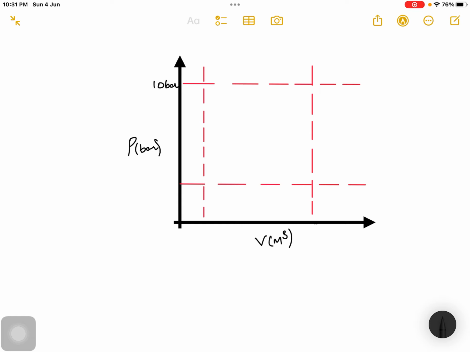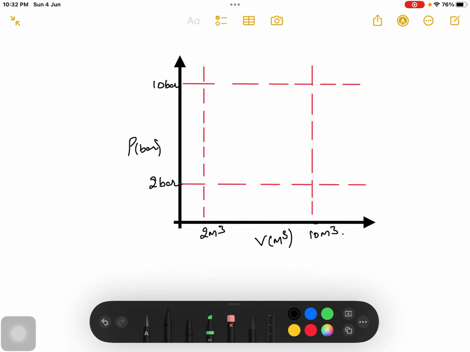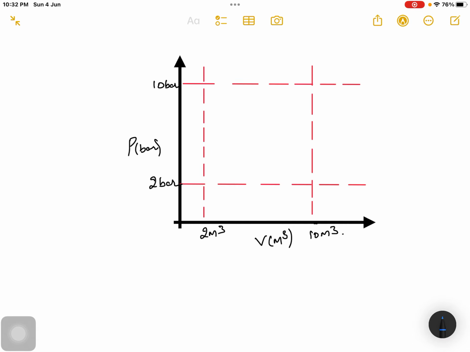I told you that this is the 10 bar pressure, and from 10 bar it is going to 2 bar, and the volume goes from 2 meter cube to 10 meter cube.